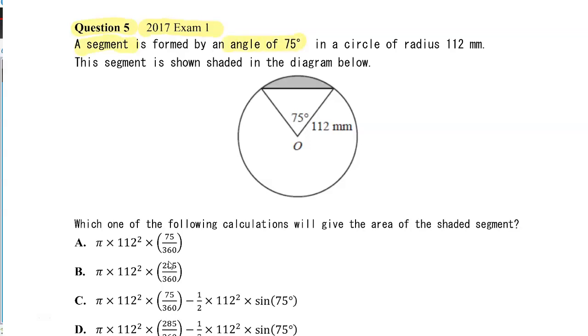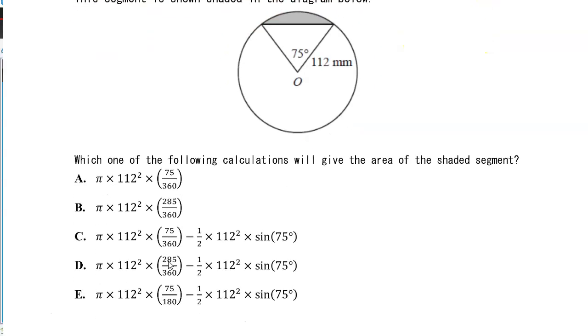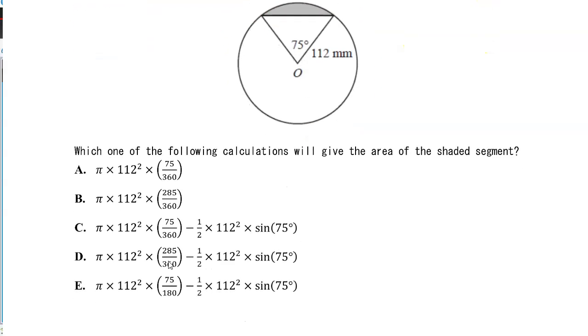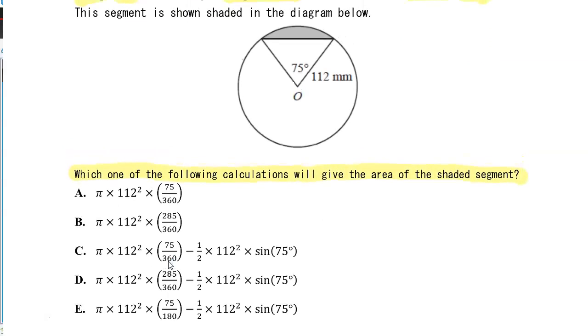So you really have to read carefully whether they're saying segment or sector in a circle with radius of 112 millimeters. We can see it shown in the diagram below. So which one of these calculations will give the area of the shaded segment?